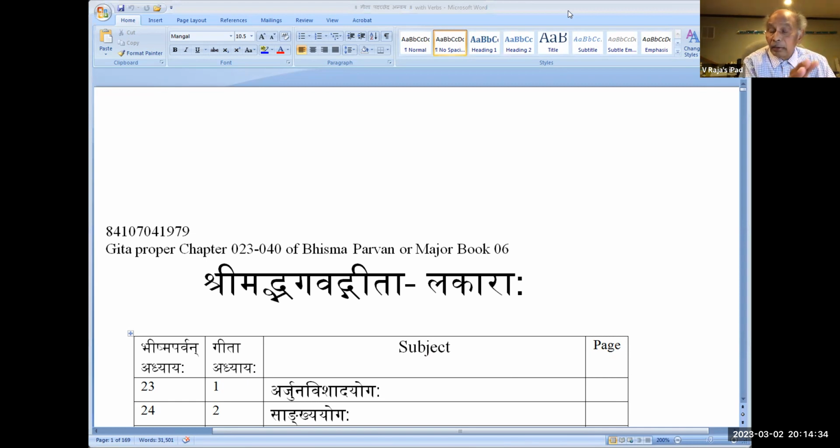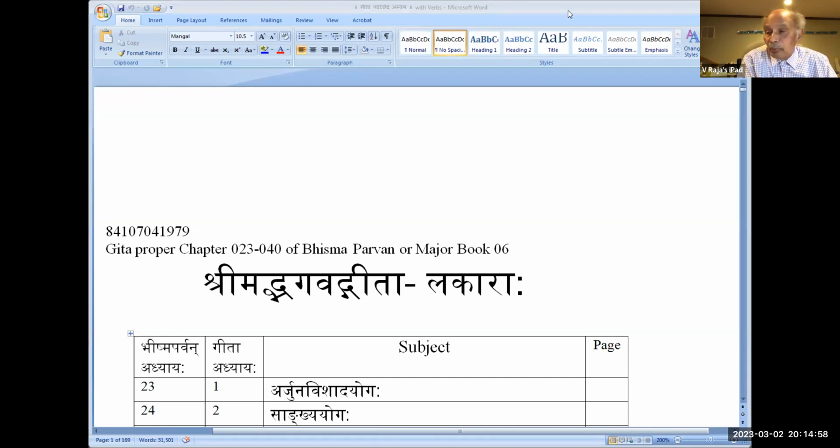The reason I gave you: we said Panchami Vibhakti is source, Ramat, source. Panchami Vibhakti is also used as a comparison, A is greater than B. So there Panchami Vibhakti is used.